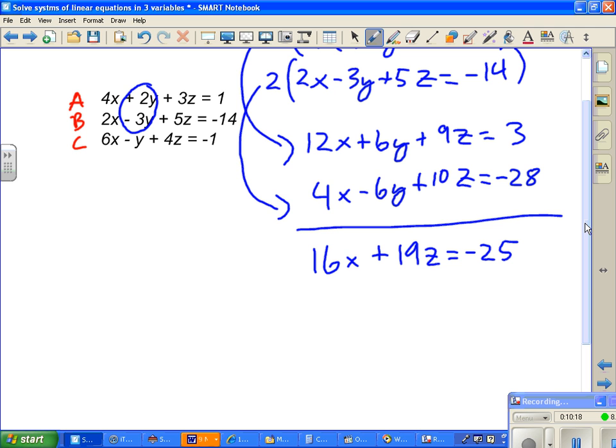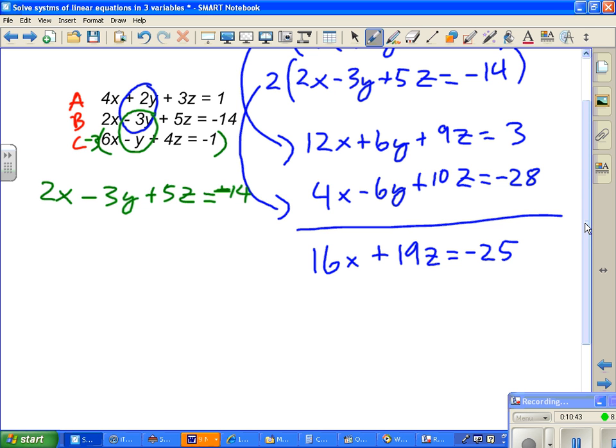That's okay. Now I need to get rid of the y's using a second combination. So I'm going to use these bottom two. I keep the top equation the same, equals negative 14. And now I've got to multiply the bottom equation by negative 3, because negative times a negative is going to give me a positive 3y.